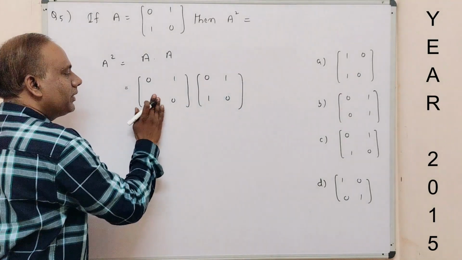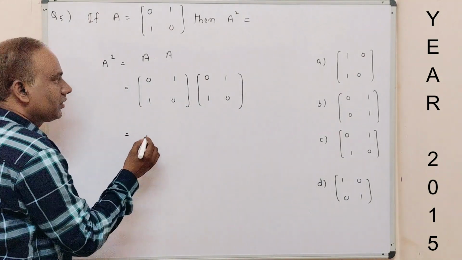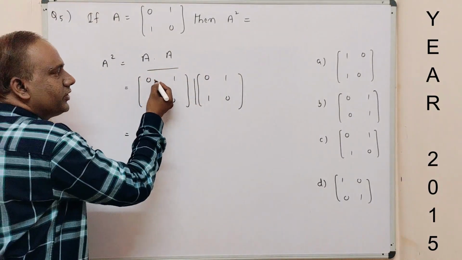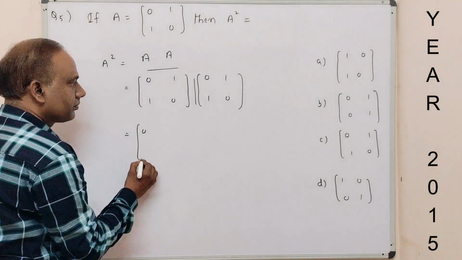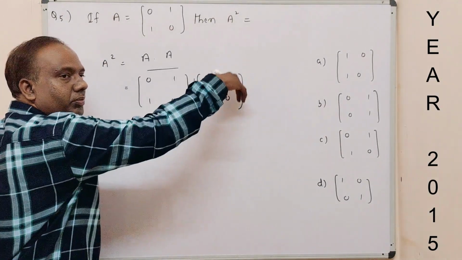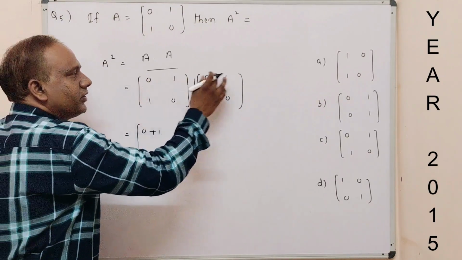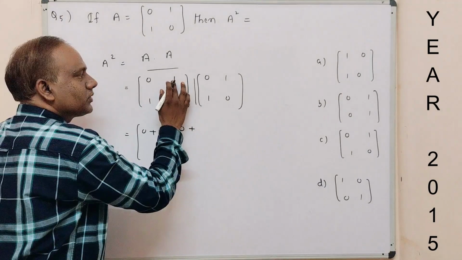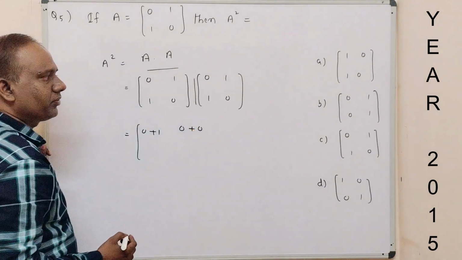That means it is matrix multiplication. First row, first column: 0 into 0 is 0, and 1 into 1 is 1, so 1. Next, first row multiplied by second column: 0 into 1 is 0, plus 1 into 0 is 0, so 0.